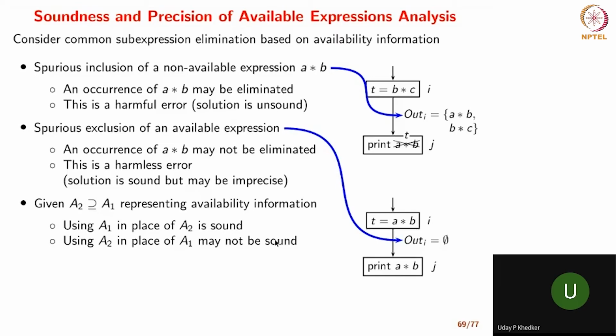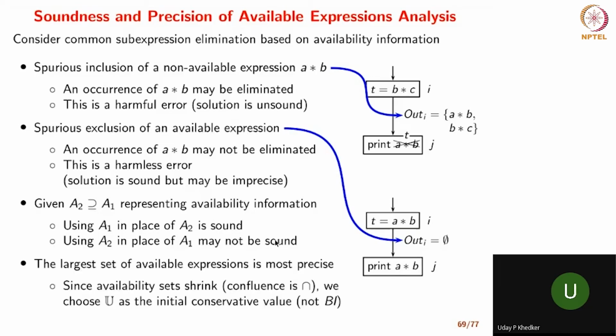So a smaller set is okay, a larger set may not be okay. A larger set than the largest set of available expressions is not okay. So we say the largest set of available expressions is most precise.